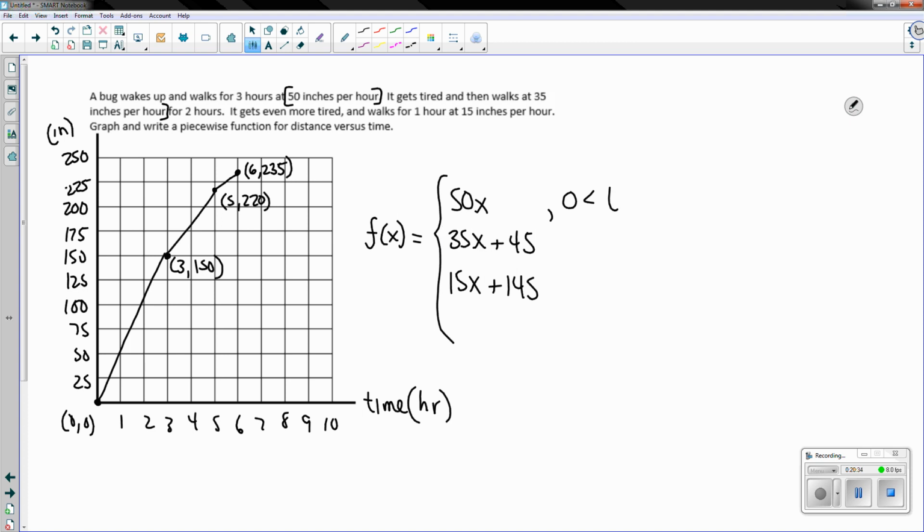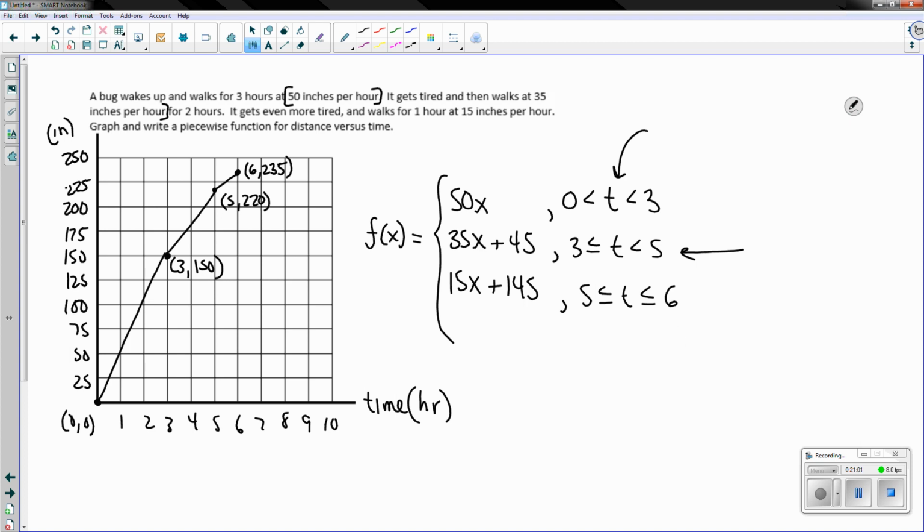So we'll say time greater than 0 and less than or equal to 3, or let's include 3 in the next. Correct. So then from 3 to 5, and then from 5 to 6. So first 3 hours, next 2 hours, last 1 hour.